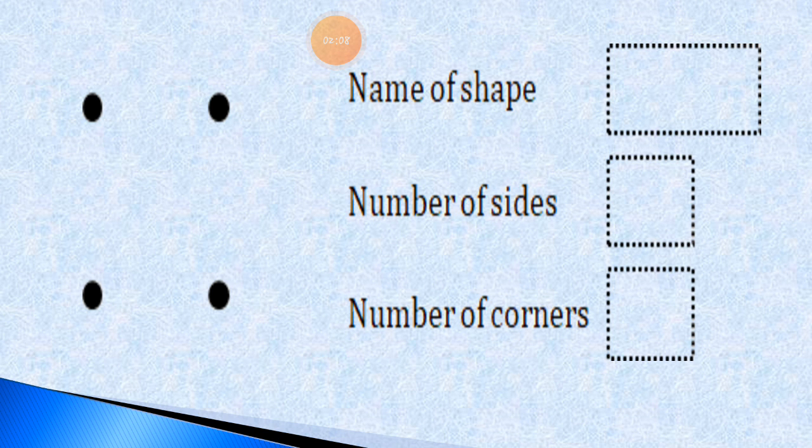You have to use the scale to join these 4 dots, and for the shape which is made, you have to write down the name of this shape. You also have to count how many sides and how many corners the shape has, and write them down in the answer box. You have to use the scale to draw the lines to join the dots. I hope you understood, students.